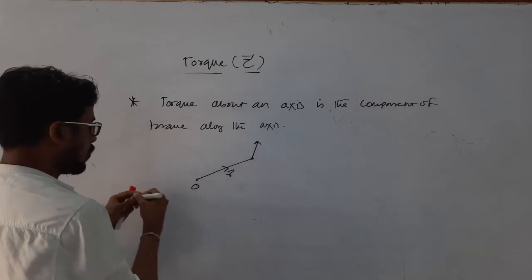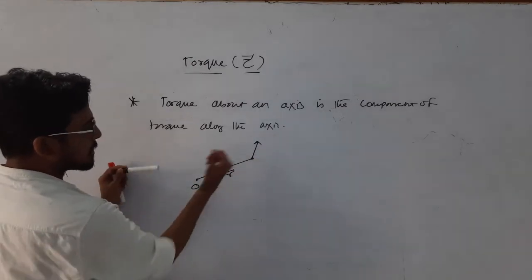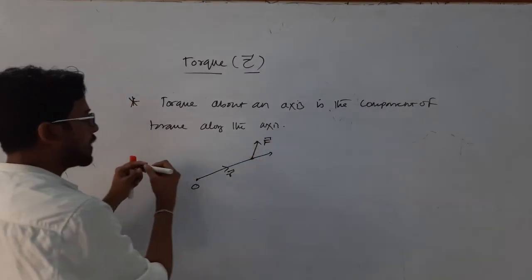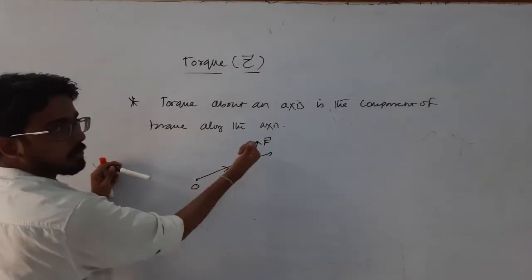So about this point O, the torque will be like this. This is the direction of the R vector, this is the direction of F applied. So the torque will be along R cross F, out of the plane.